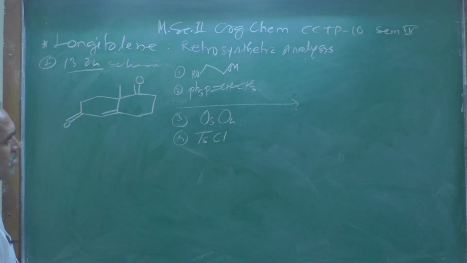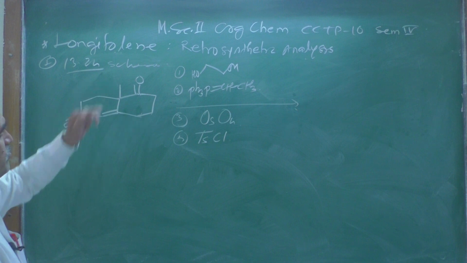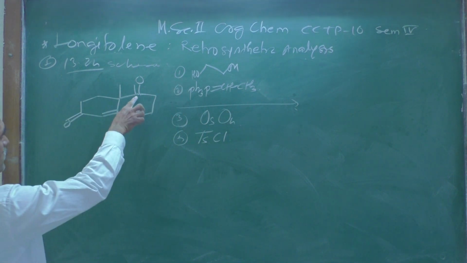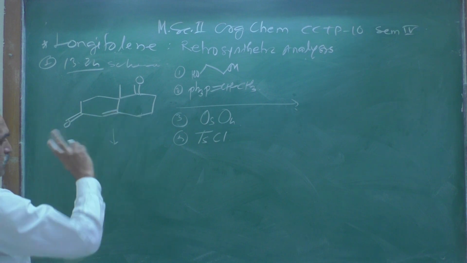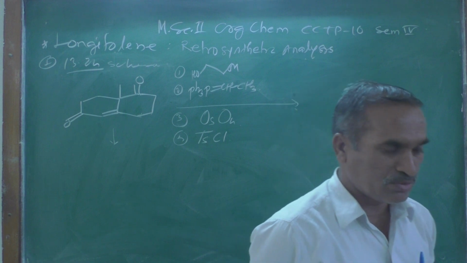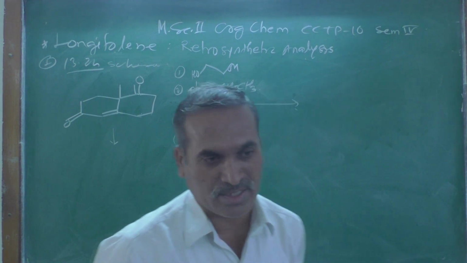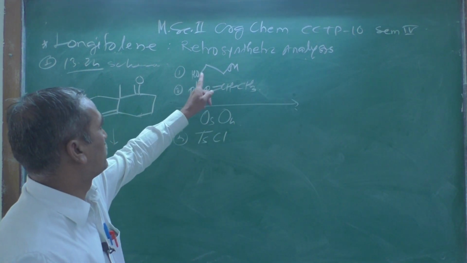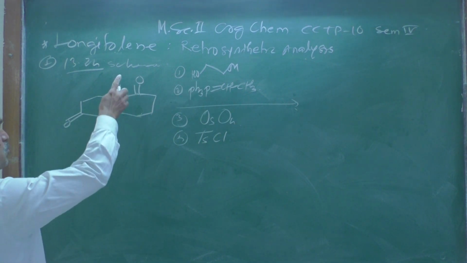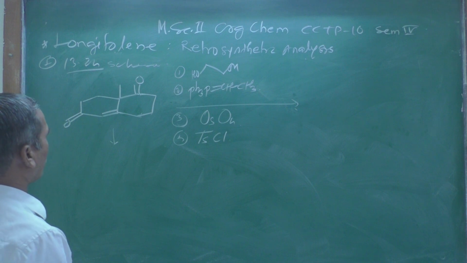If you see these compounds carefully, when you add the first reagent, what do you get? There are two carbonyl groups, two competitive groups. Which one shows greater reactivity? The diol is a reagent used to protect the isolated carbonyl group.